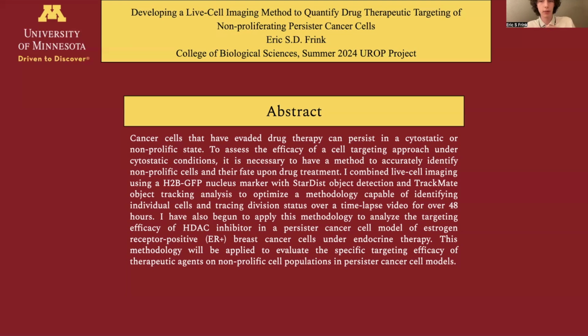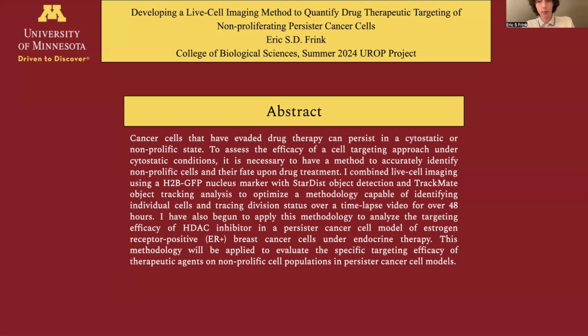So what I did was I combined live cell imaging using a nucleus marker with two different software packages, StarDist and TrackMate, to optimize a methodology capable of identifying and tracing individual cell division over a time-lapse video for over 48 hours.